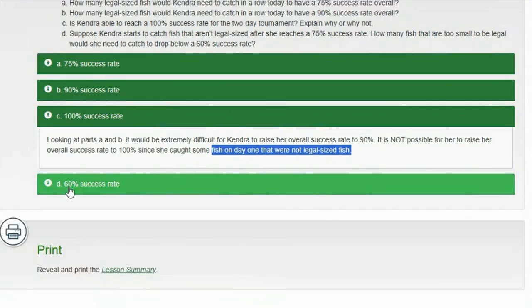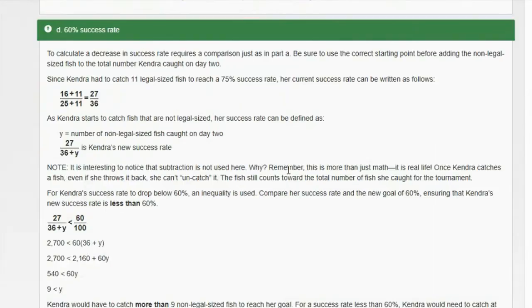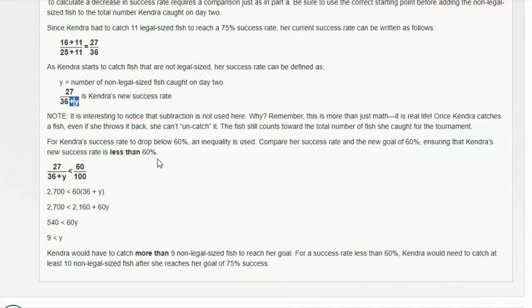How about a 60% success rate? We said already she was at 64%. So she would have to go the opposite direction, catching some smaller fish to decrease her success rate. We could do the same thing. We just add more to the bottom, really. The Y, her new success rate. She doesn't need to catch any more legal size ones, but she wants to bring it down.